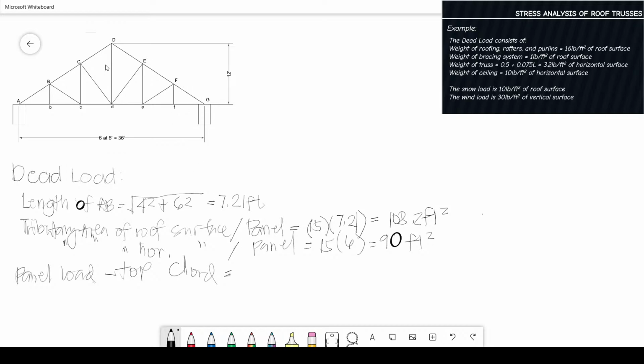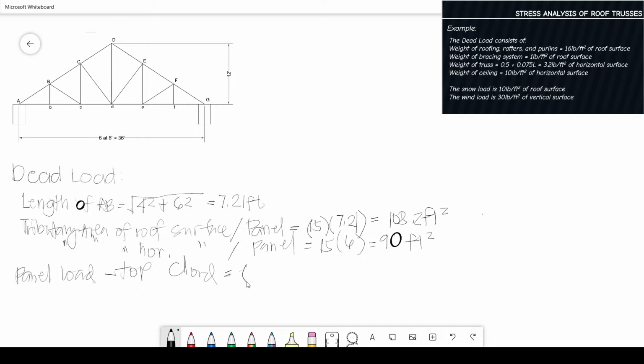But for the purlins, rafters, and roofing, it is automatically the top chord that carries them.